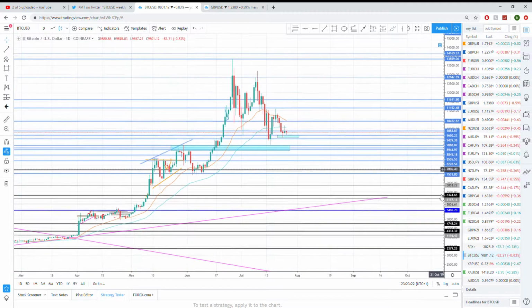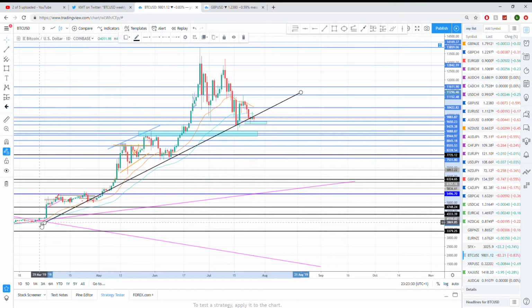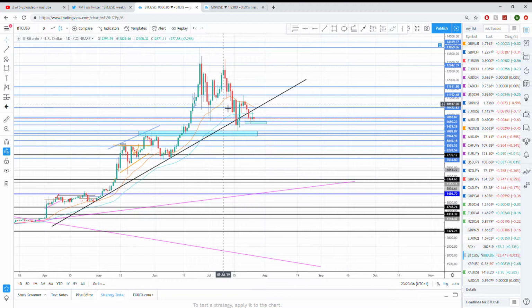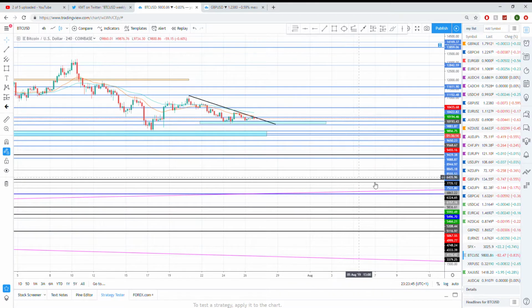If we were to draw an uptrend here, and just try to get it as clean as possible, just drawing it quickly, we can see that we're in the breakout form and we've rejected it to some degree. So that is quite important.